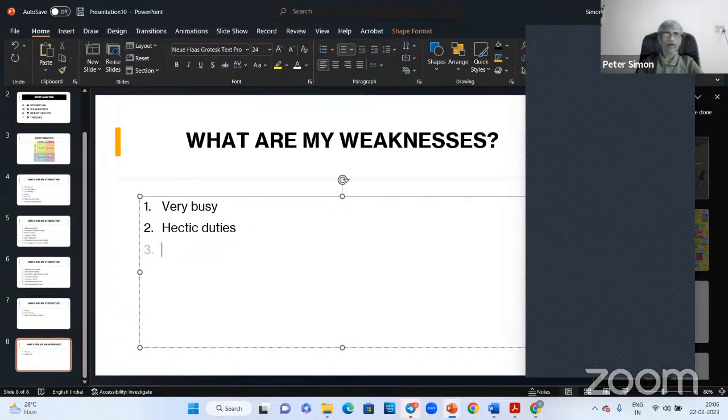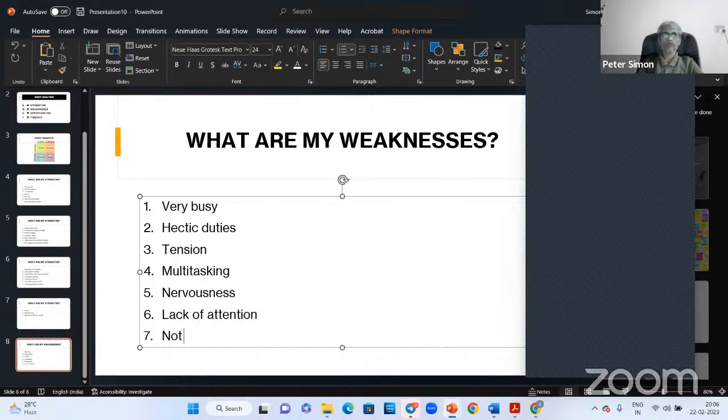Always tension. Multitasking. Neha says nervousness. Then lack of attention. Then maybe not planning in advance.